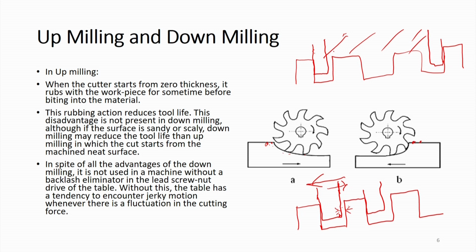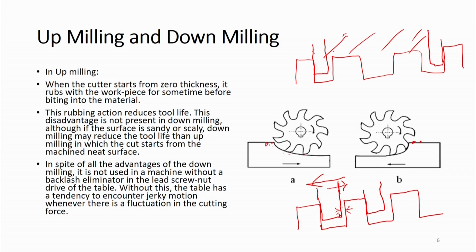So, then even if there is a reversal of direction, you can see there is no lost motion, because this nut is already in contact with the screw. So, we say one nut is compensating for the other, and it is called double nut compensation.